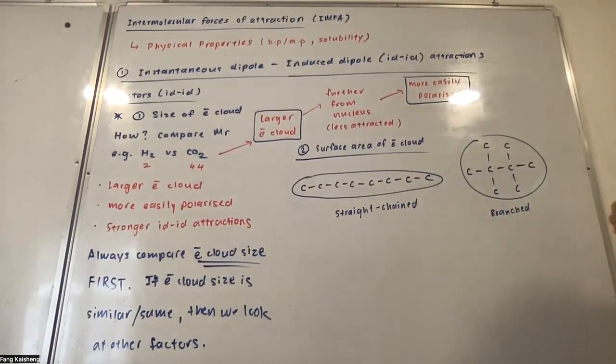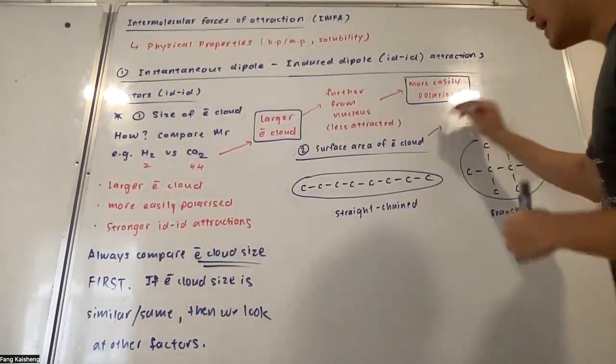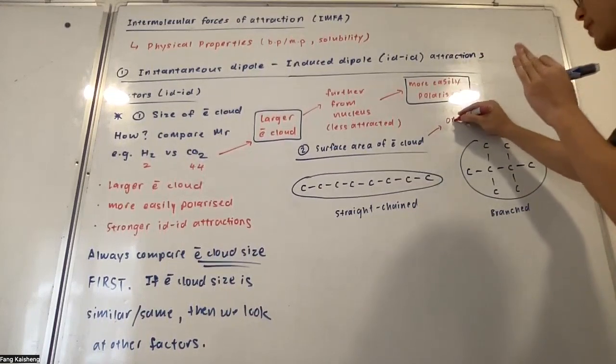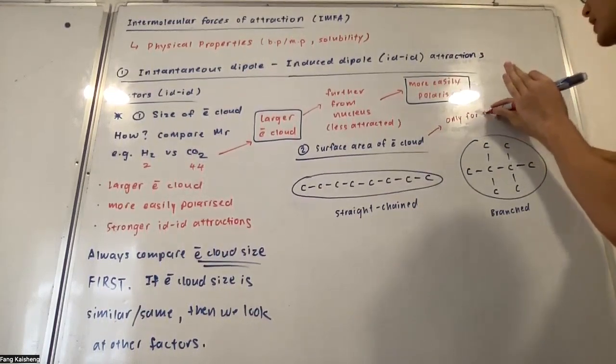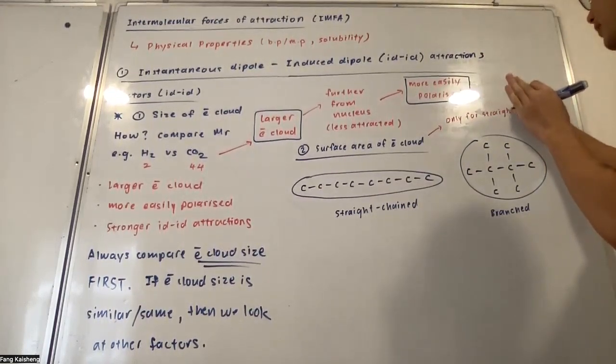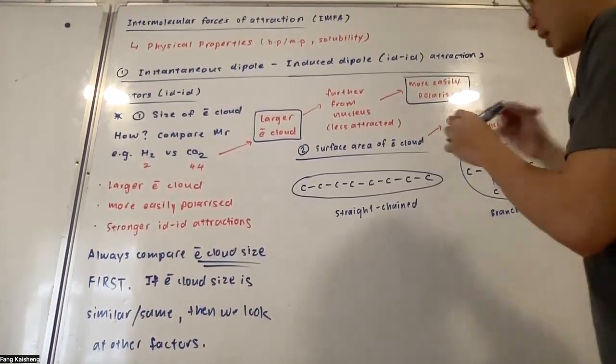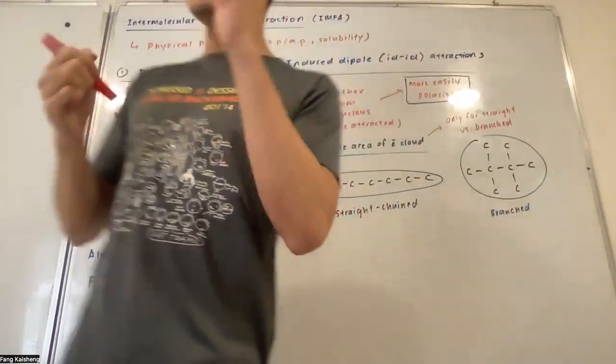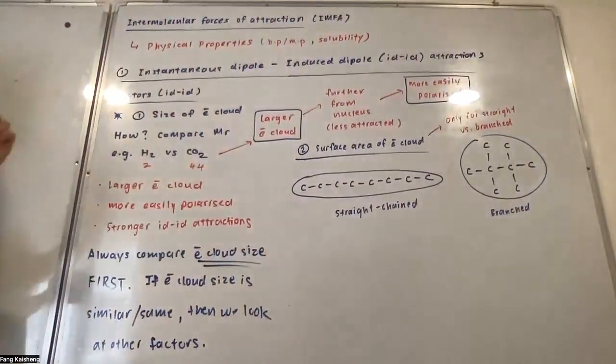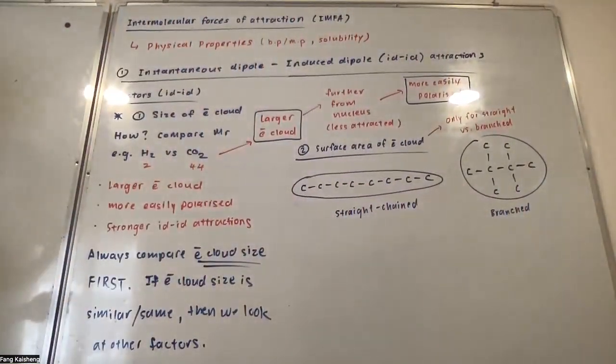Now, this surface area question is very, very specific. So I need you all to write this down. Surface area is only for straight versus branch comparison. So it's a very niche, very easy to identify question type.